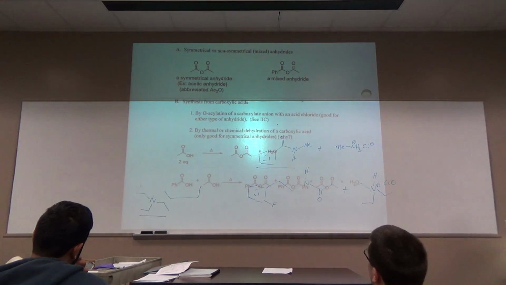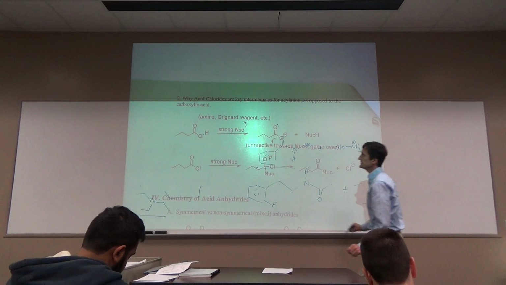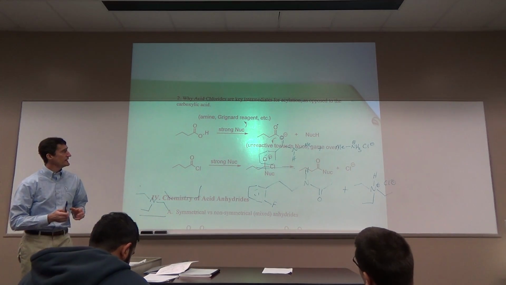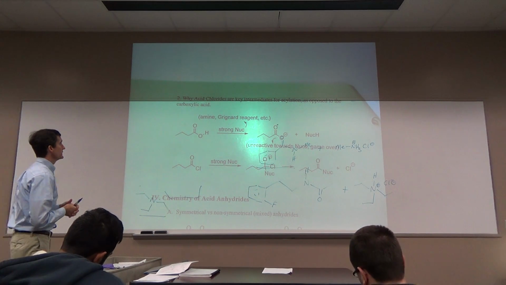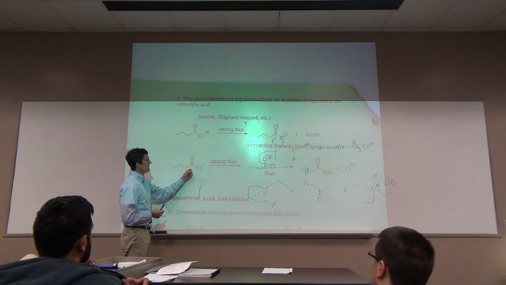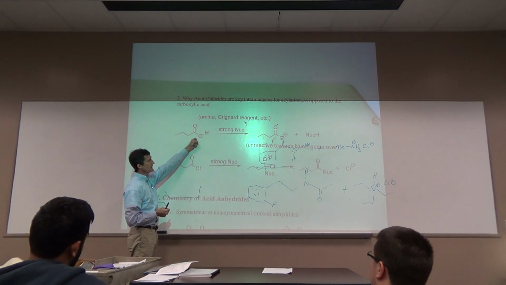Okay, acid chlorides. Let's make sure we know the difference between them and a carboxylic acid. An acid chloride is a key intermediate for doing acylation chemistry. Much better to use the acid chloride. Why not just use the carboxylic acid?